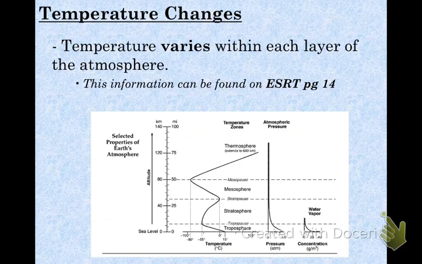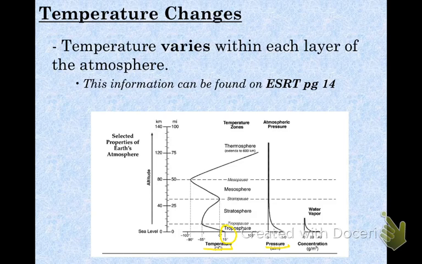This graph right here is a picture of the Earth Science reference table, page 14, and it shows the temperature and pressure. As you can see on the graph, temperature is not just a perfect straight line relationship. In the troposphere, for instance, the temperature is higher at a lower altitude.